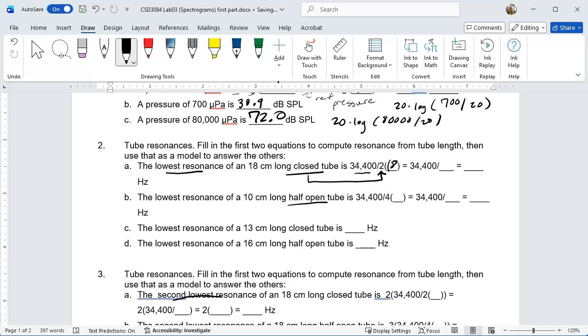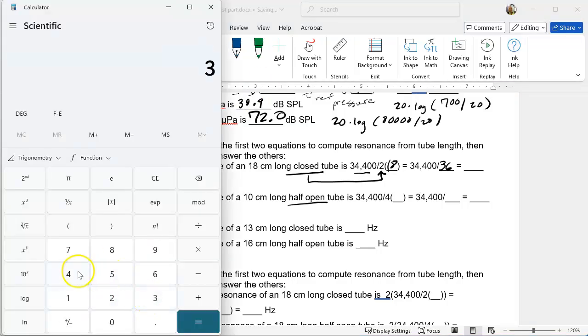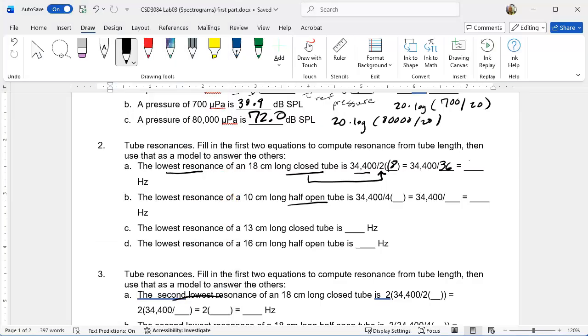I'm going to be bold and say 2 times 18 is 36 without getting the calculator, and then jump to 34,400, my speed of sound in centimeters per second, divided by those 36 centimeters of sound traveling down the tube and back, gives me 956 hertz if I round to the nearest hertz.